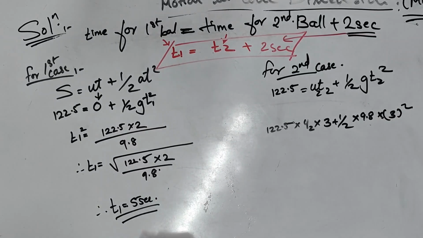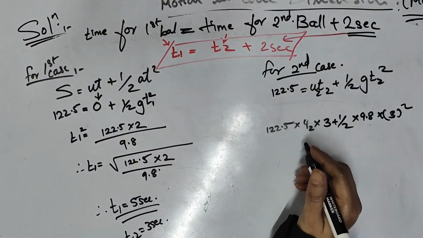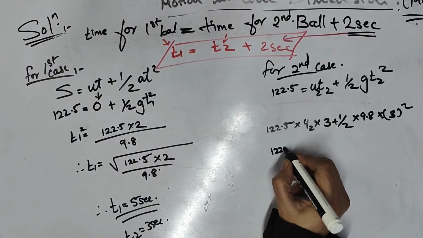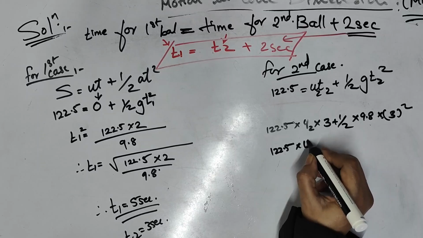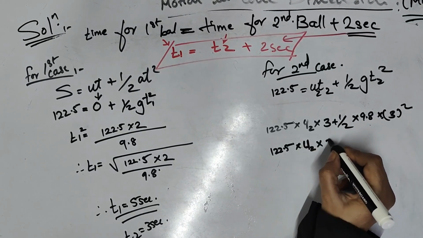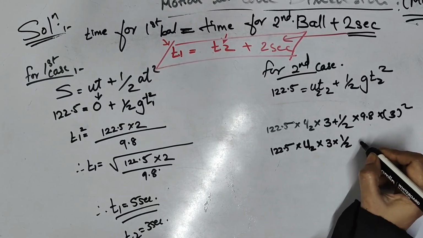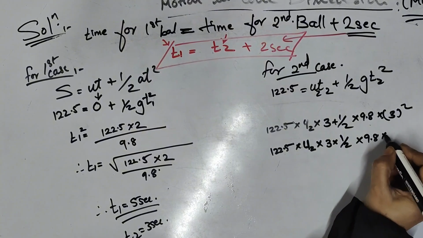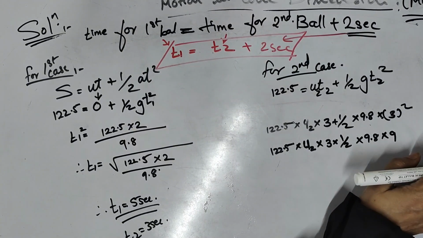Now this is 3 second, na? t2 is 3 second. Now we are going reverse. So 122.5 is equal to u2 into 3 plus half into 9.8 into 9. Okay.